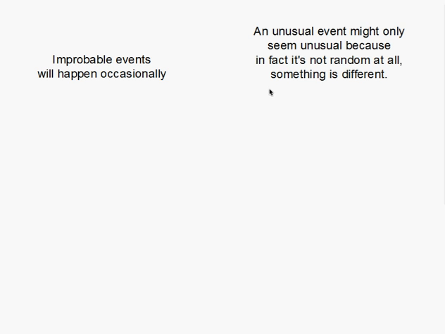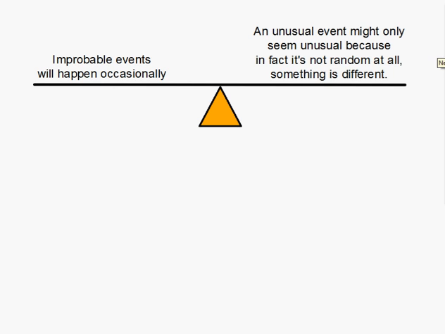On the other side, we actually have that feeling that something not random at all is going on. There is actually something different going on here, such as the coins not being fair. These two somewhat opposing points of view are in balance, right? We have to figure out where this falls out.